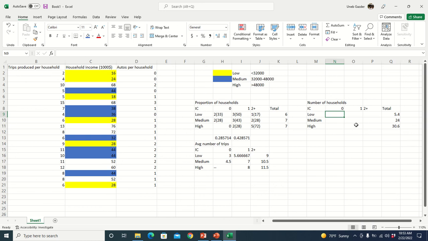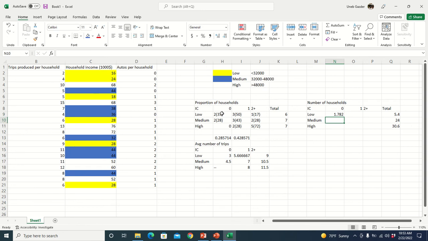Okay, so low income, I have total 60 households. Out of them, 9% are belonging to low income, and out of the low income, 33% have 0 autos. I'll multiply with 33% now.